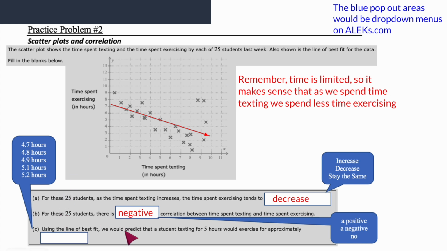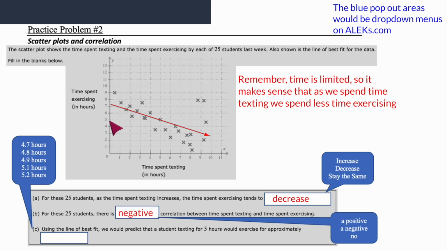So using the line of best fit, we would predict that a student texting for 5 hours would exercise for approximately, so if we look over here and say texting for 5 hours, we go right here to the line of best fit, and then we go across. That's coming right below that next line here. It's right below it.